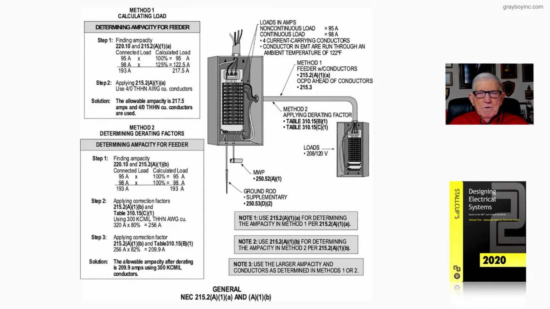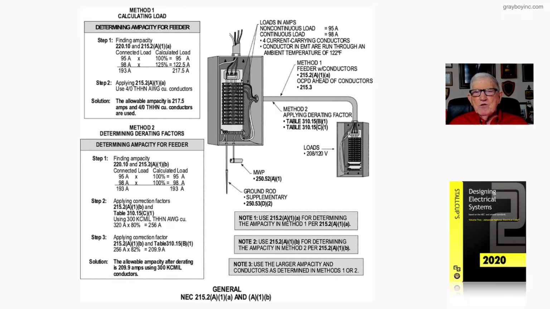So step 2, we're applying the adjustment factors. Step 3, we're applying the correction factors. And the solution is 209.9, but we needed a 300 kc mil from the 90 degree column to do our derating. And notice that 300 kc mil has been reduced from 320 amps to 209.9.